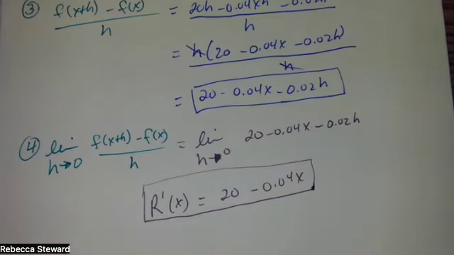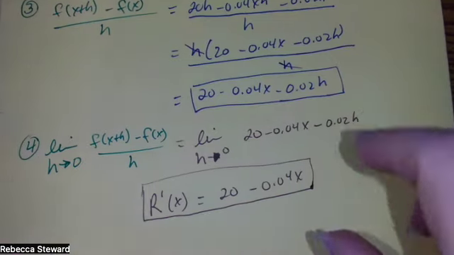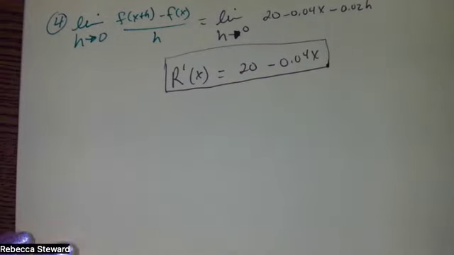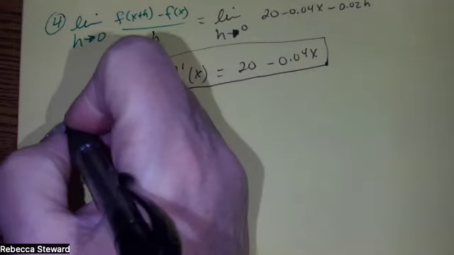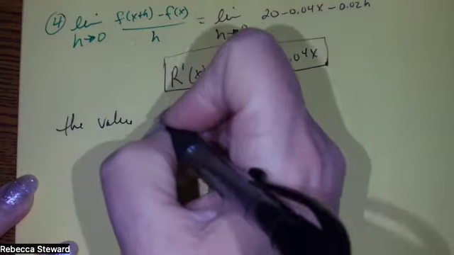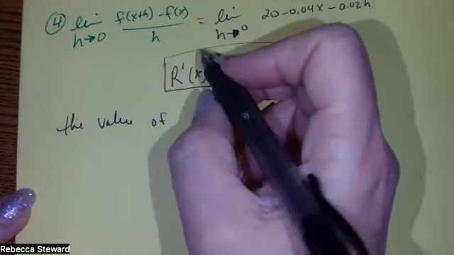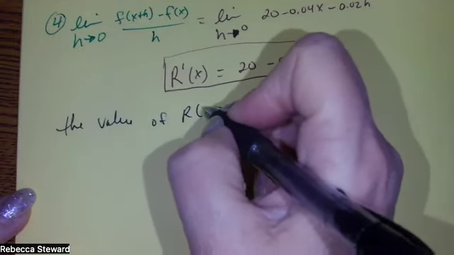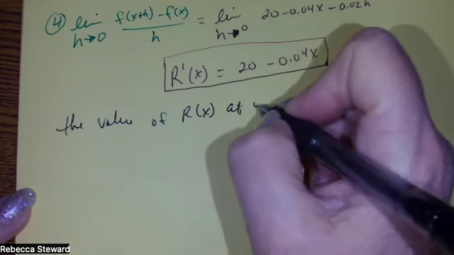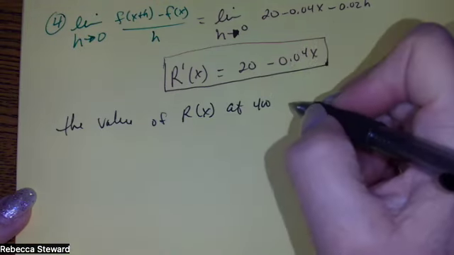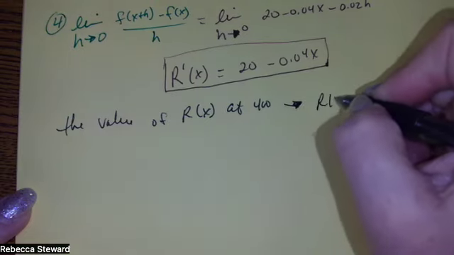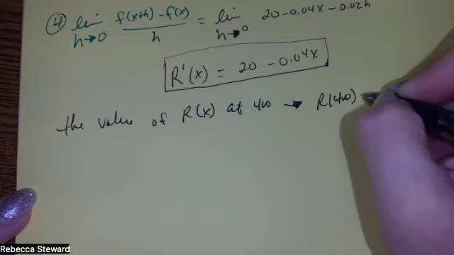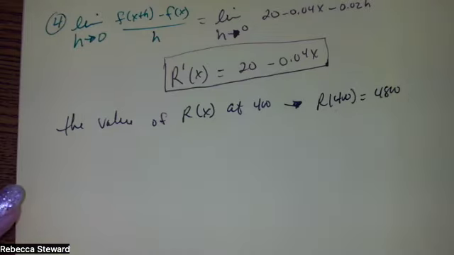Now, what it asks us to do is to find that. We found the derivative. Now what we need to do is actually find the value. We already found this in part A: R at 400 was equal to 4,800.